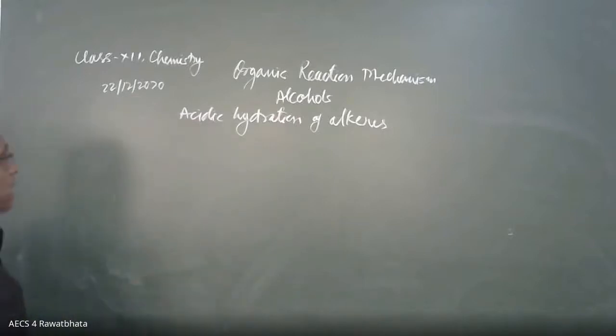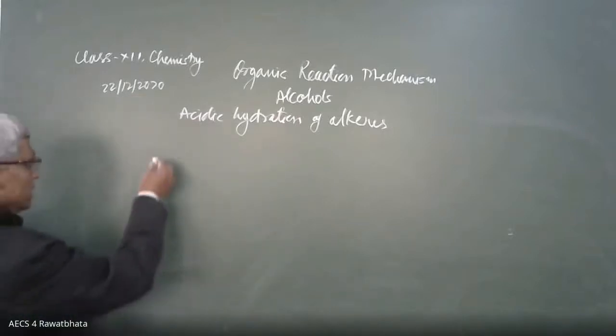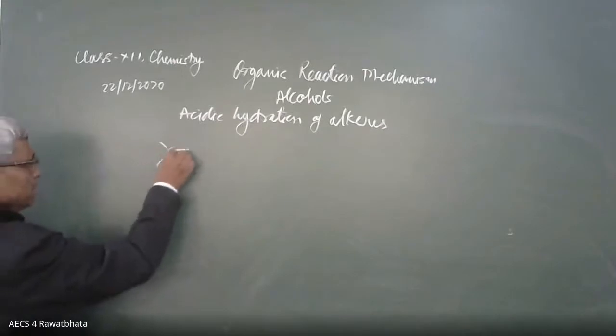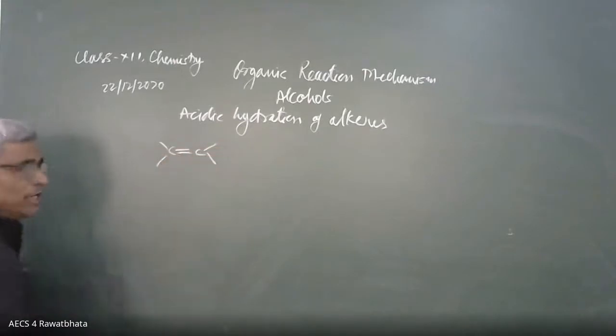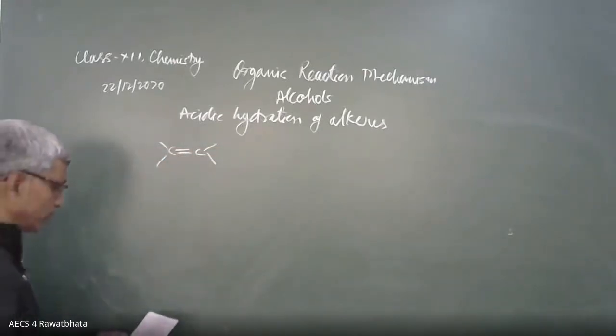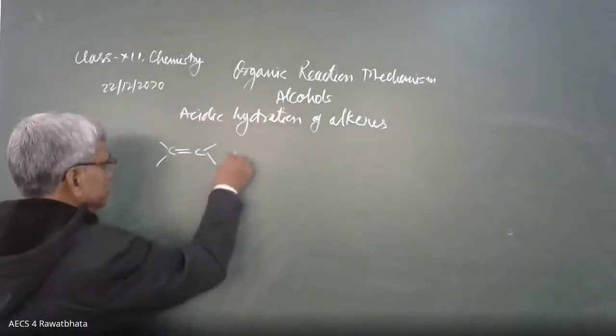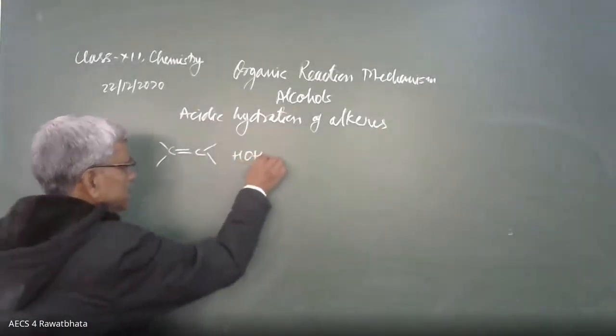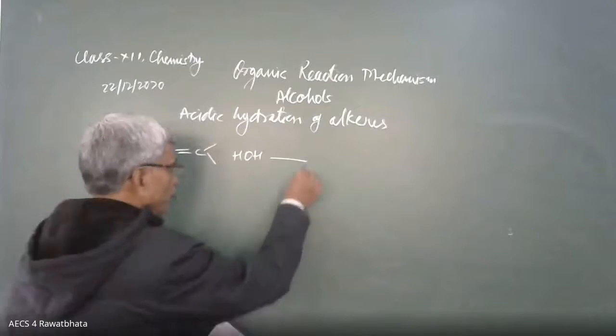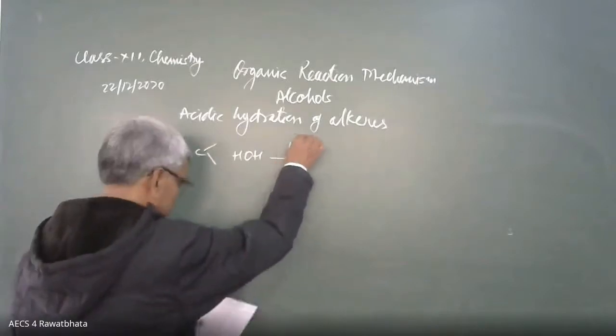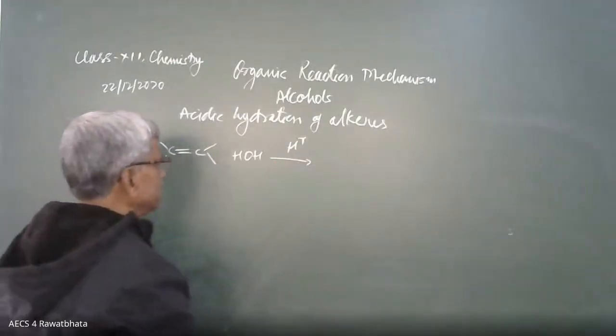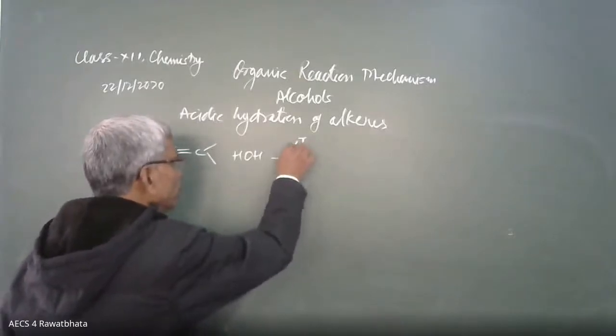In this alcohol topic, the general reaction is: an alkene, general formula of alkene, is going to combine with HOH, water, in presence of acid, H positive, and this addition is going on according to Markovnikov's rule.